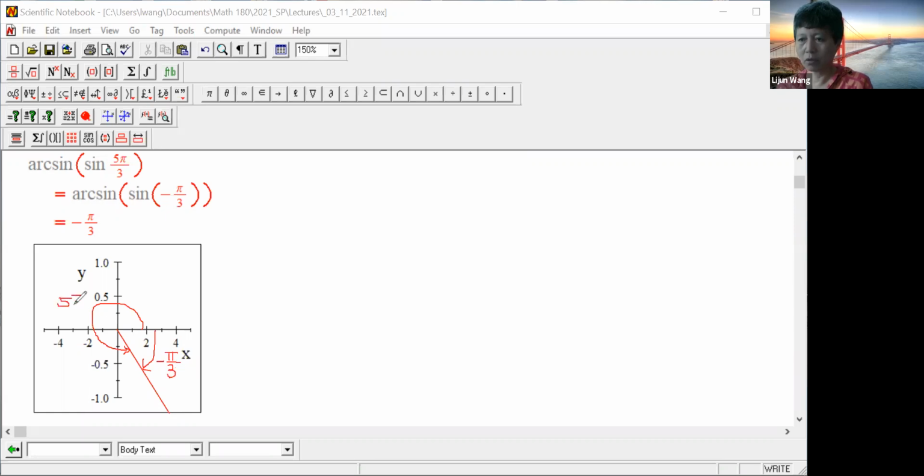These two angles share the same terminal, and of course they share the same reference angle, and then they share the same definition. And for this one, you can use that property.